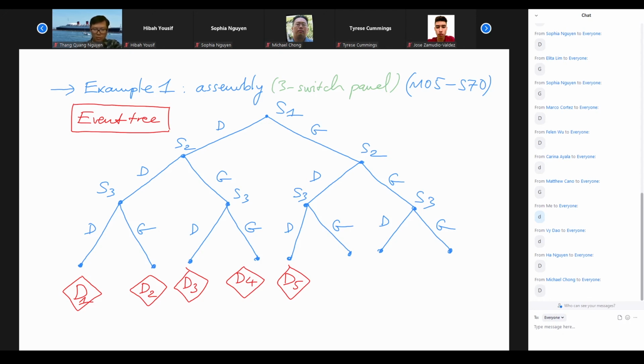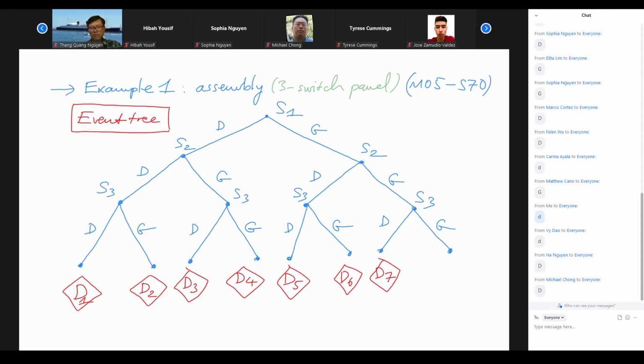So now I hope that everybody sees the logic in this tree diagram, right? It is a logical connection among different parts of the unit, and that will lead to the overall outcome. And of course, the next one will be defective because we have two good switches, but the third switch is defective.